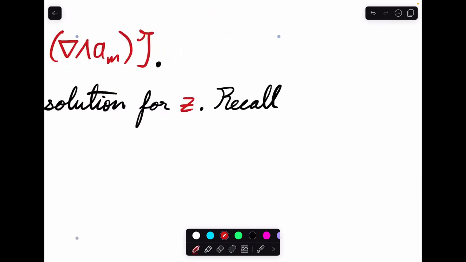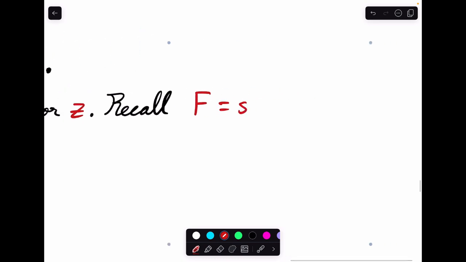Recall the form of F. When we solved for F, it was equal to S K, where this S K right here is the canonical bivector F, and we have e to the plus or minus K dot X I, where this K is the wave 4-vector, and this is the 4-vector of position. So we just need to recall this.